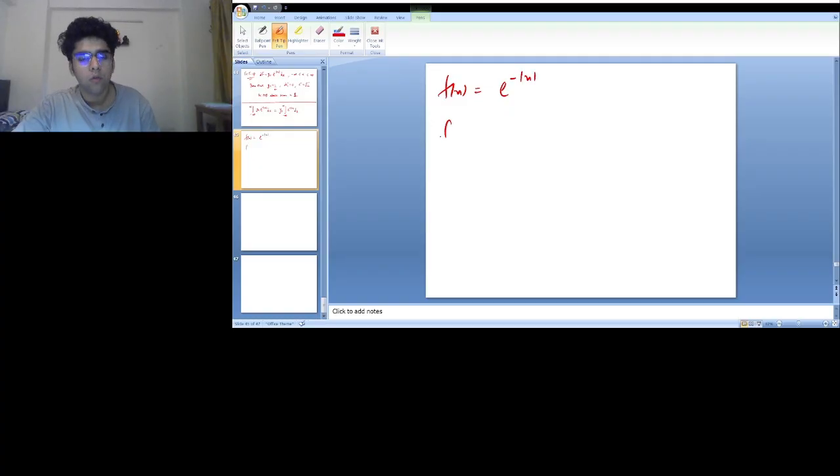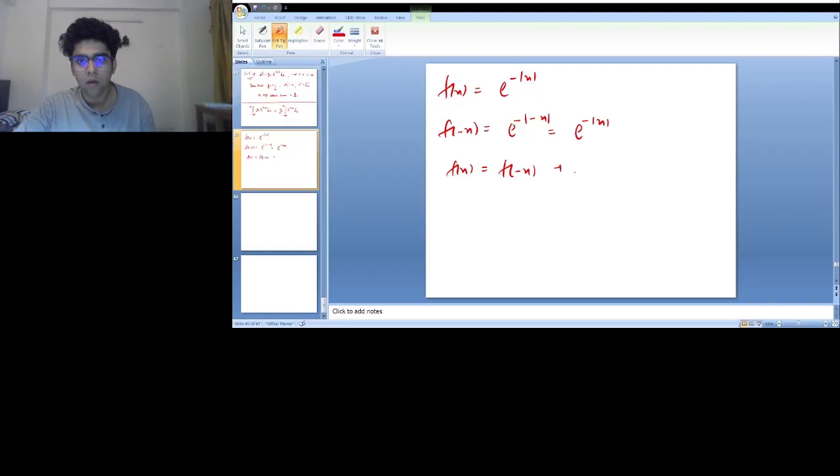If I substitute f of minus x here, a negative sign in the mod doesn't matter, so f(x) is equal to f of minus x.